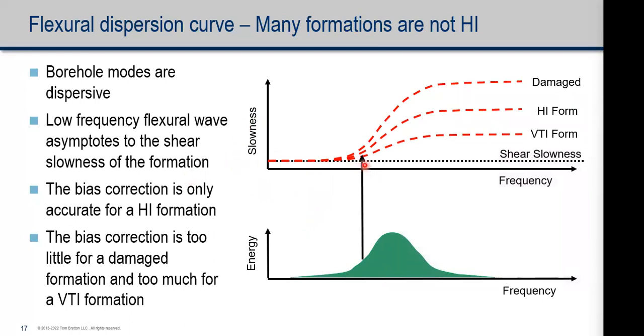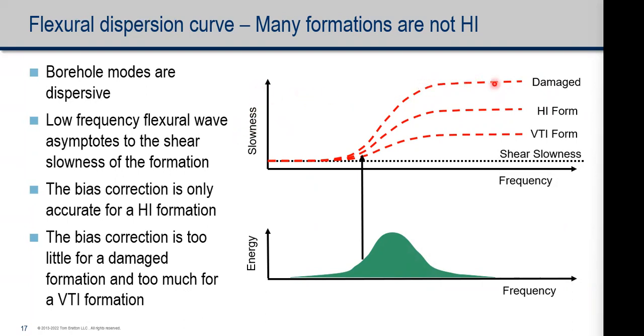The correction that was made was based on the assumption that every formation is homogeneous and isotropic. We know, however, that if you have damage around the wellbore, say a breakout or a drilling induced fracture, this damage causes an increase in slowness.